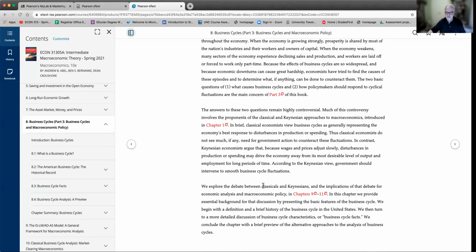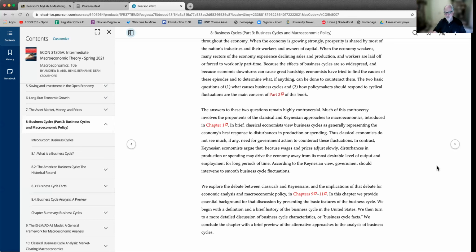So the basic difference between them is that classical economists believe that prices adjust quickly in the economy, prices and wages. Keynesians believe that prices and wages are sticky or don't adjust very quickly. And the implications of that for our model and for economic behavior are significantly different.